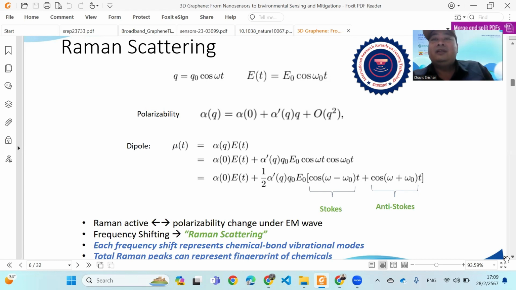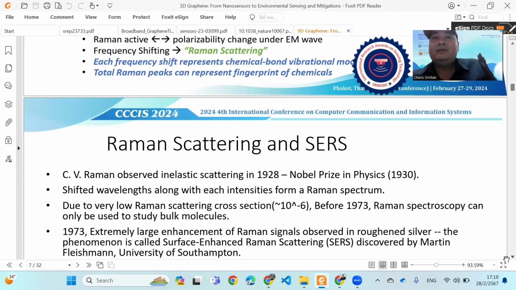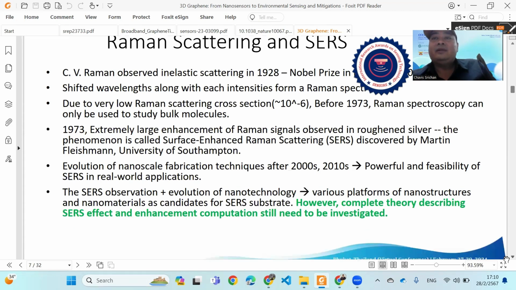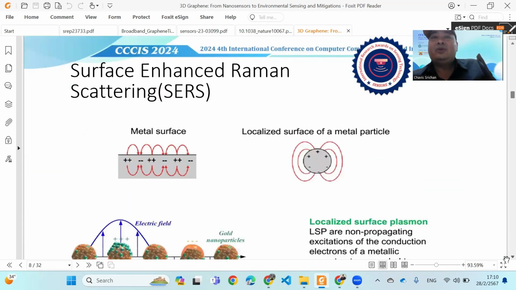If the first derivative of polarizability is not zero, then you get two output frequencies: the excitation frequency plus or minus the vibrational frequency of the molecule itself, which is the signature. We call it Stokes or anti-Stokes. We skip this page and go on.